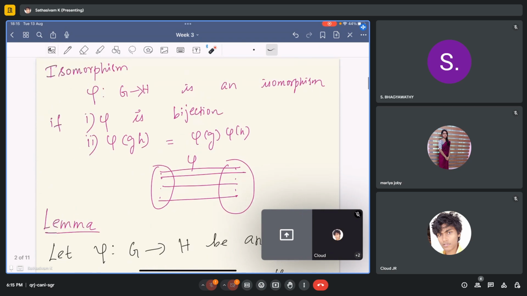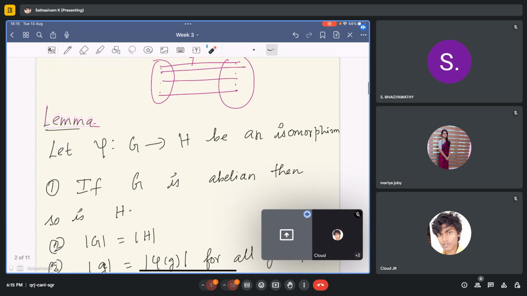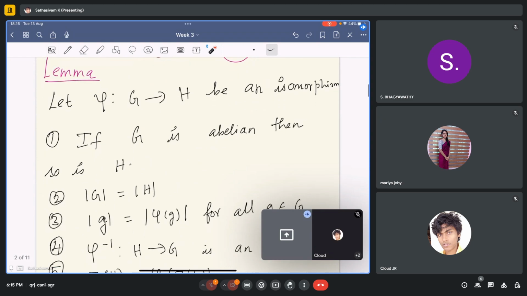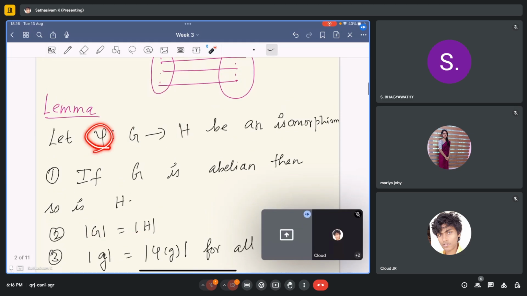Okay. So let's look at some properties of isomorphism. Suppose you have an isomorphism from G to H, then there are certain properties which are true. For example, if G is abelian, then H is also abelian. The size of G is the same as the size of H. Okay, why is this true? This is because phi is a bijection, right?